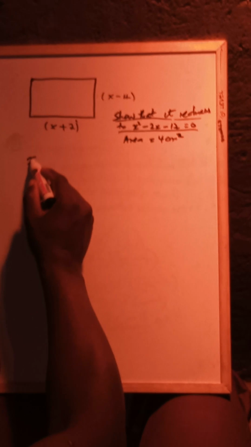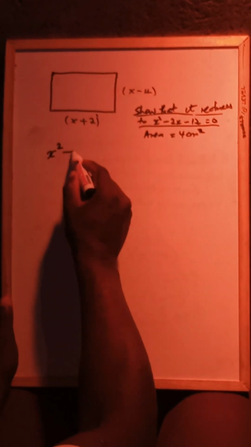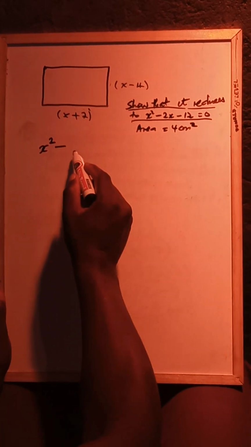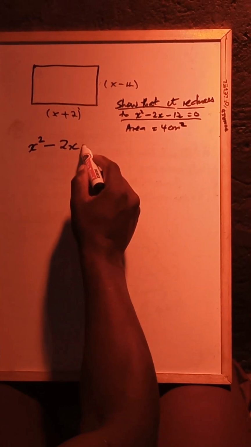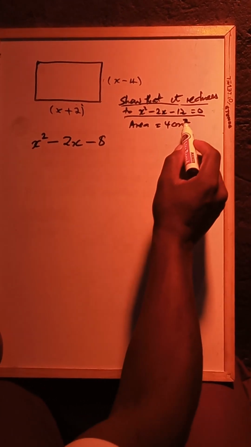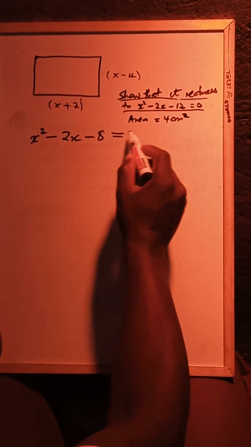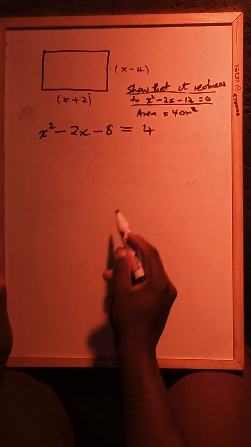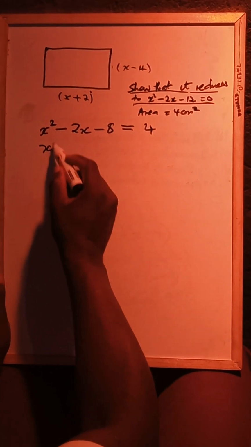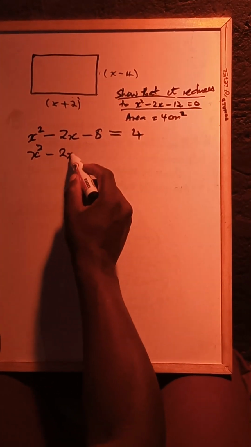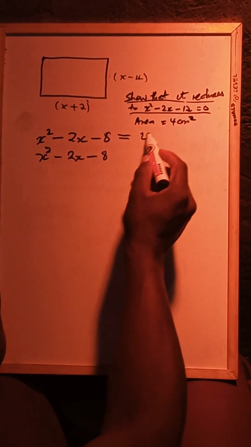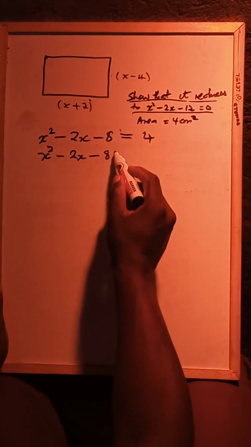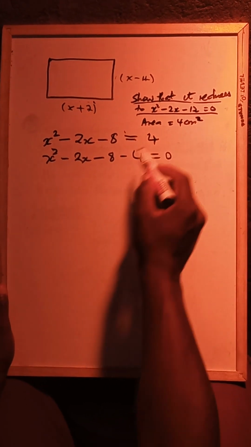So we say x squared minus 2x minus 8, because we already did this and are using the answer for A. They ask, what is the numerical value of the area? The numerical value of the area is 4, right? So now I want this side to have a 0, so I take this positive 4 to the left hand side of the equal sign, it becomes negative 4, and here we remain with a 0.